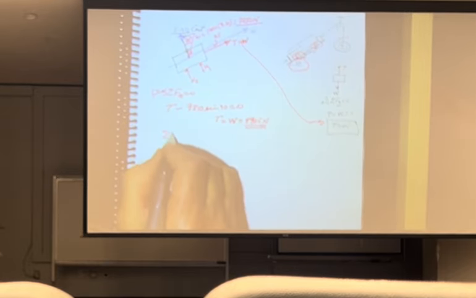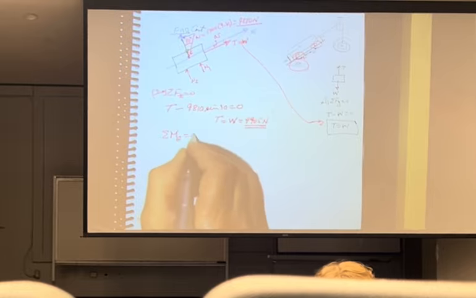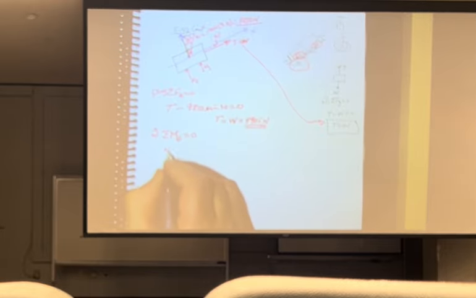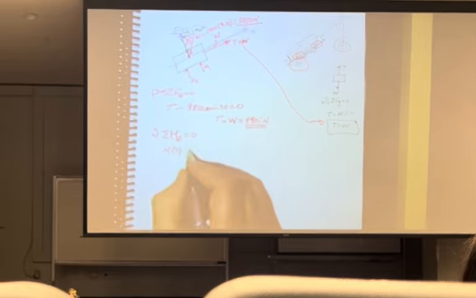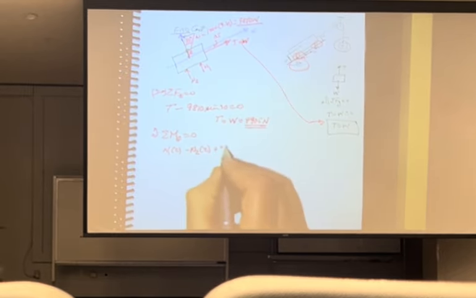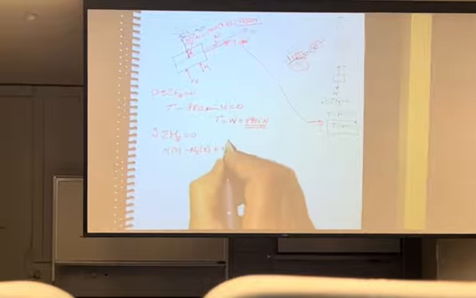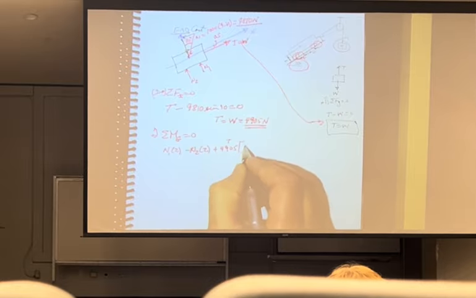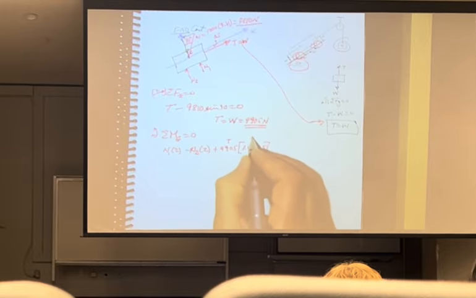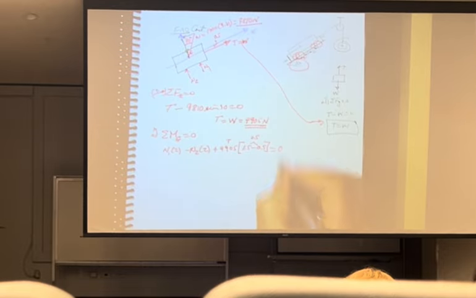Well, I'm going to do a moment. Sum of moments about G equals 0, counterclockwise positive. That's N1 times 2 minus N2 times 2 plus 4905, which is T, times 1.5 minus 0.5, which really gives me the 0.5, must equal 0.